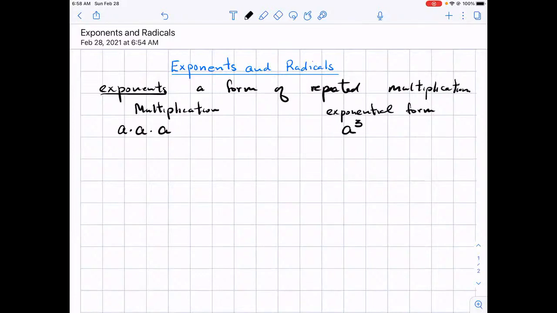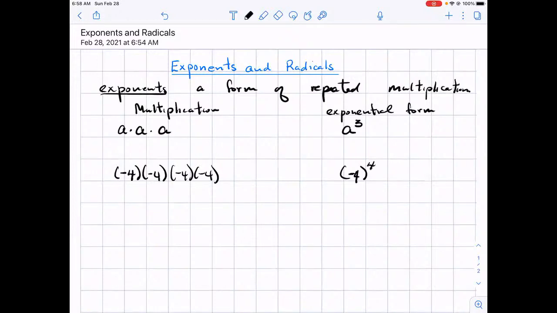Likewise, if I have -4 times -4 times -4 times -4, the base here is the parentheses, and keep in mind the way I say it, the base is the parentheses with -4 inside, and that is raised to 1, 2, 3, 4 times.